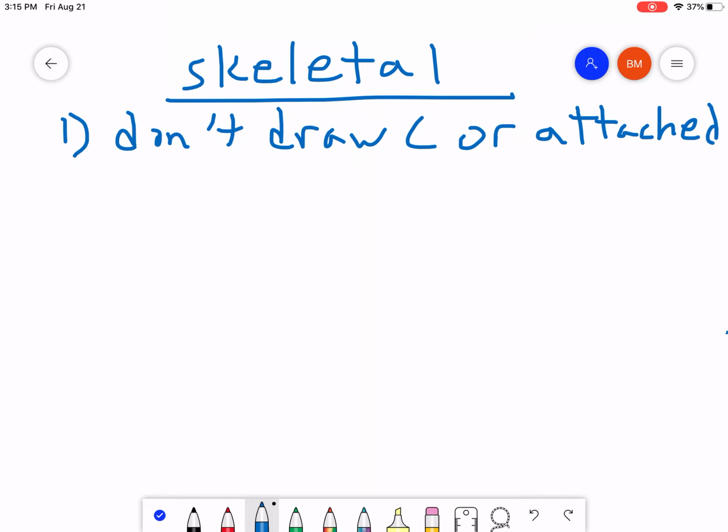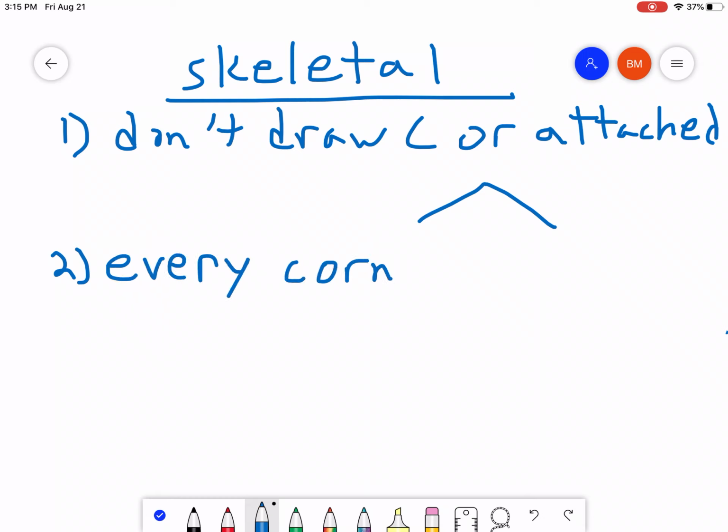The lines represent bonds, right? So the lines are going to represent electrons. So let me show you a quick example of something like this. This might be an entire skeletal structure. In the zigzag drawing, every corner is a carbon.